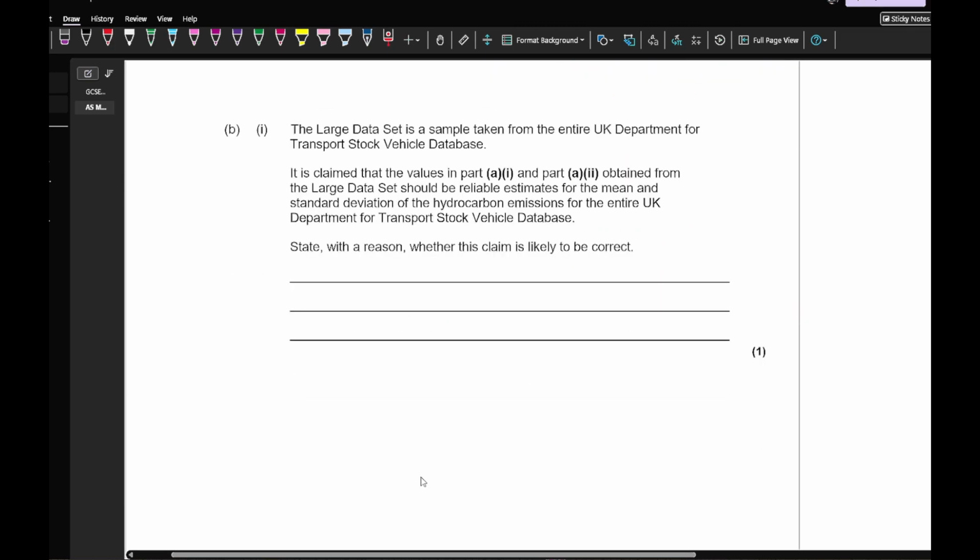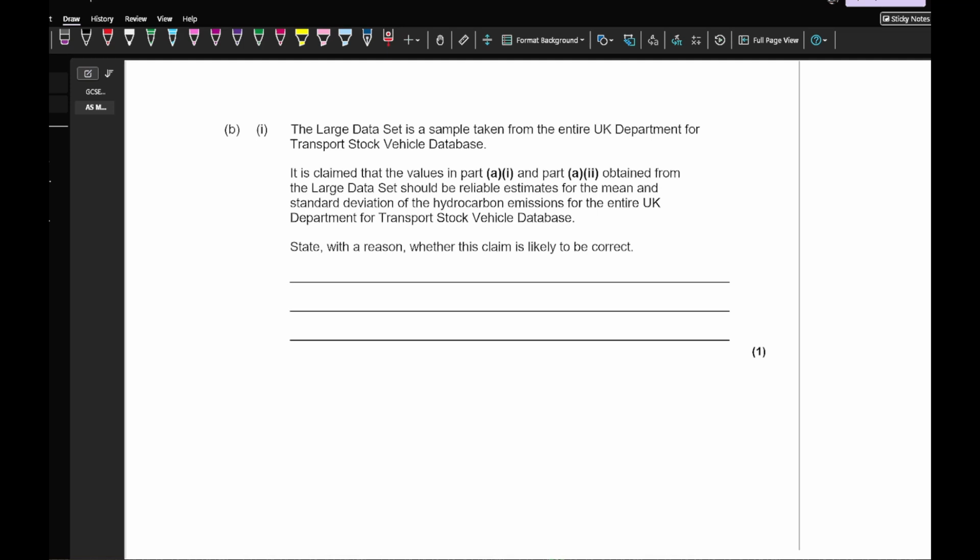Then moving on to question B, it says a large data set is a sample taken from the entire UK Department of Transport Stock Vehicle database. It is claimed that the values in Part AI and Part AII obtained from the large data set should be reliable estimates for the mean and the standard deviation of the hydrocarbon emissions for the entire UK Department of Transport Stock Vehicle database. State with a reason whether this claim is likely to be correct.